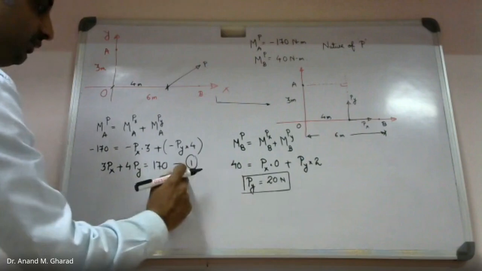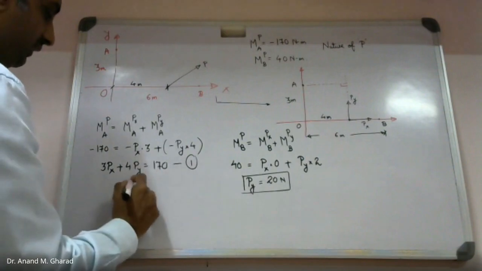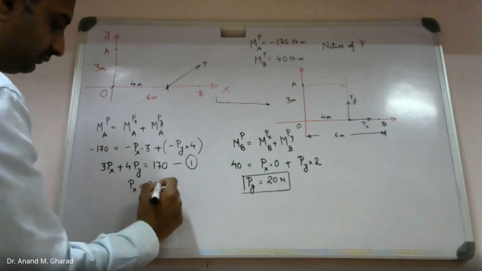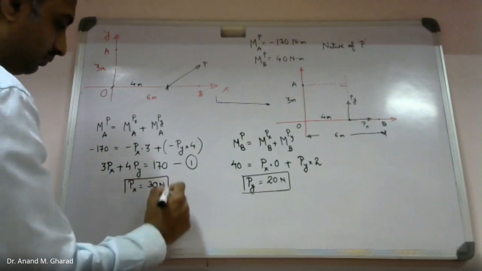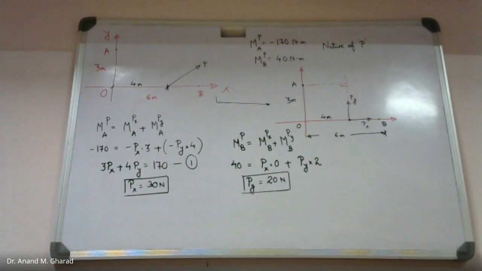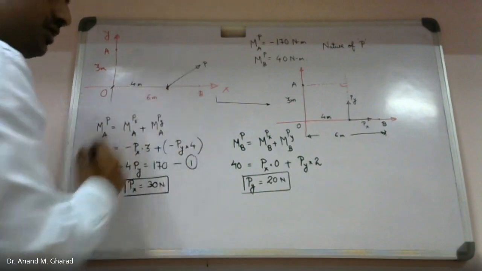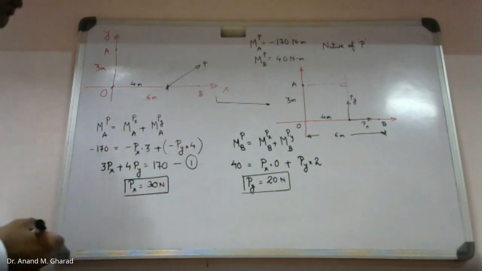Substitute this Py value in equation 1 and get Px. Newton. Both the values came out to be positive. That means our assumption related to this inclined force is correct, isn't it?